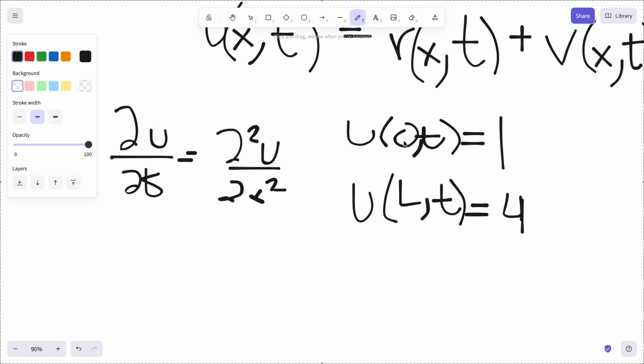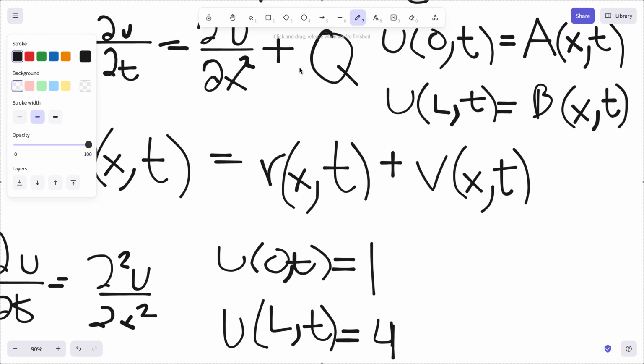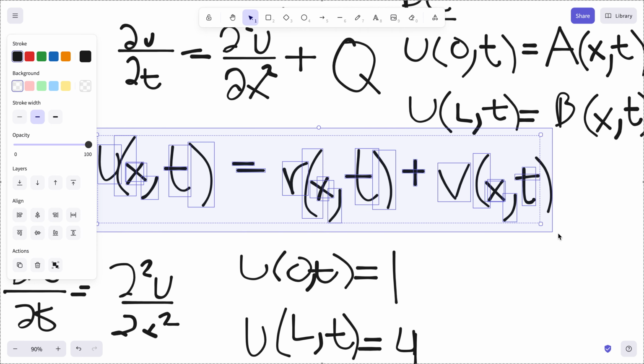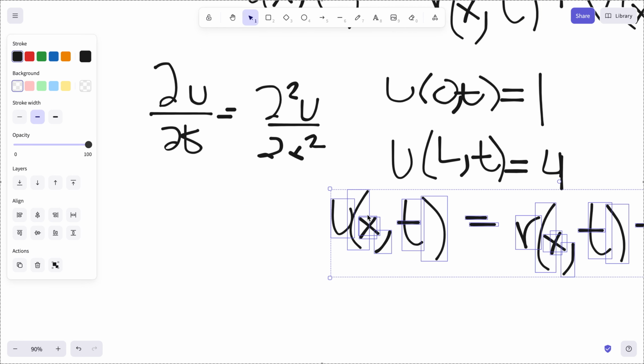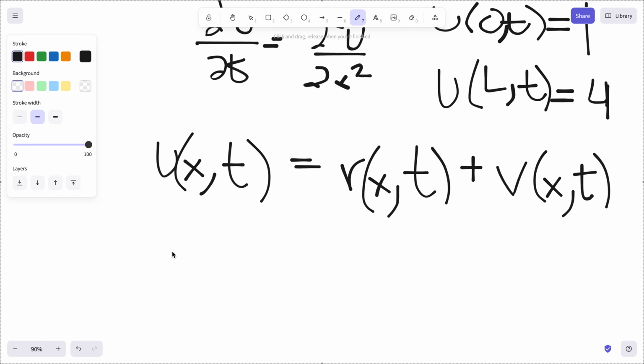What we can do is turn these boundary conditions that are currently inhomogeneous into homogeneous boundary conditions by using a reference temperature distribution. So using this equation I wrote out here, we'll define some r of x comma t, which has the same boundary conditions as u of x comma t.